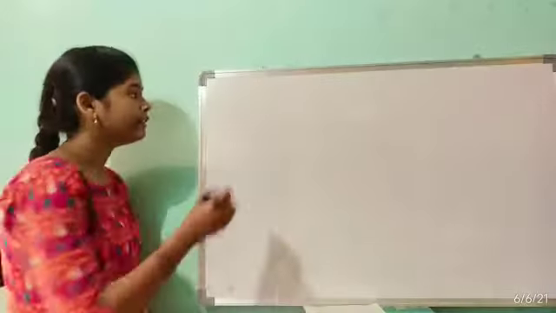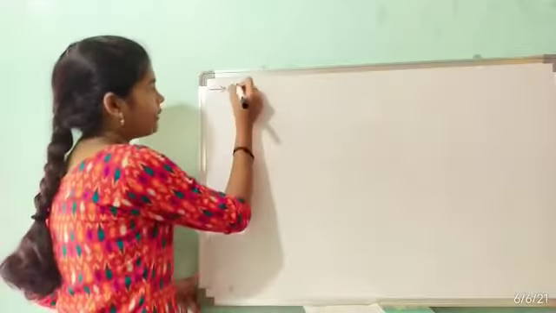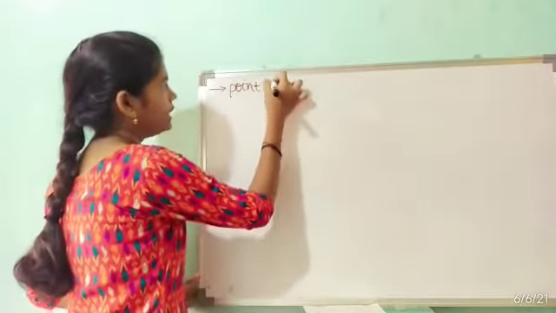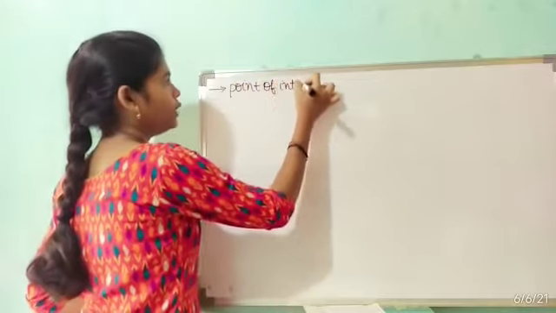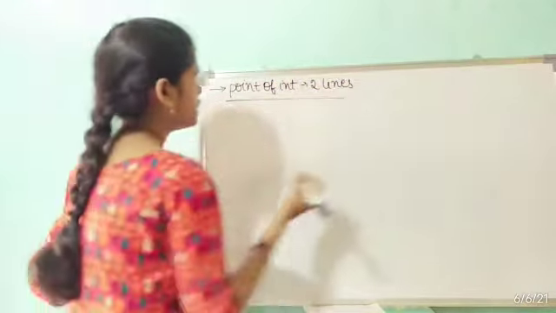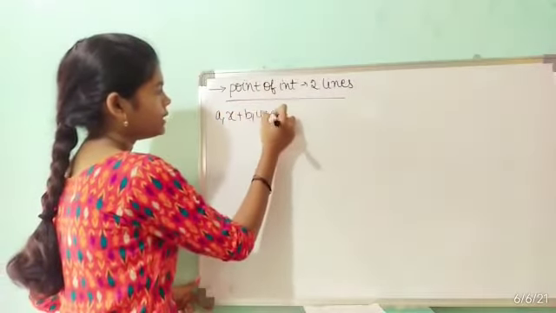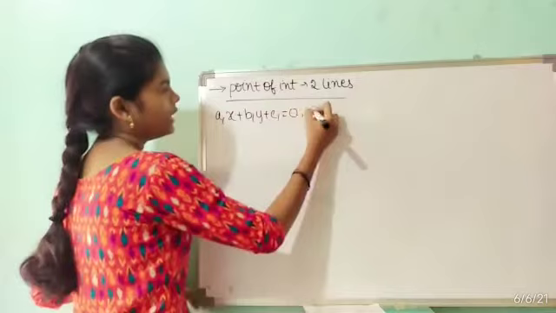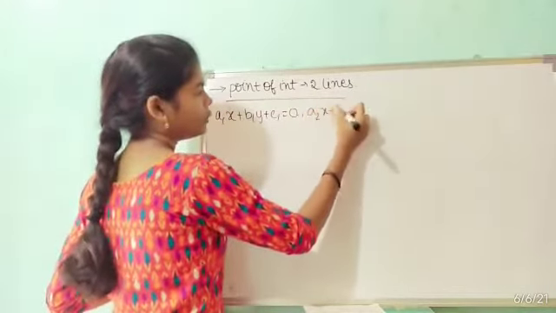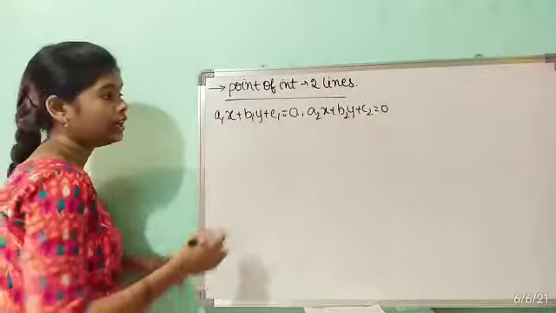Okay, here we have a few standard formulas. Suppose you have to find the point of intersection between two lines, then there is a formula. Suppose we take the lines as a1x plus b1y plus c1 is equal to 0 and a2x plus b2y plus c2 is equal to 0. So we have a formula.